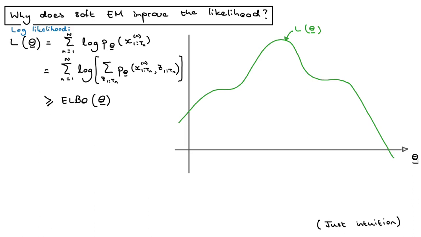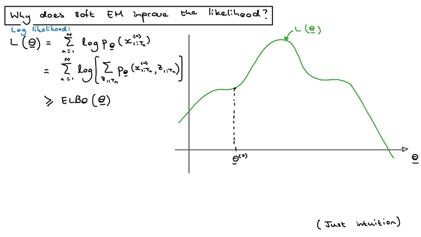Let's say we guess an initial setting for our parameters, let's say we guess it here. So that's our first theta 0, at the very first iteration. And if you run up here, then you end up somewhere there. Now what the E step does is it finds a lower bound for the green function, but crucially, that lower bound is tight at the parameter that we're guessing at the moment.